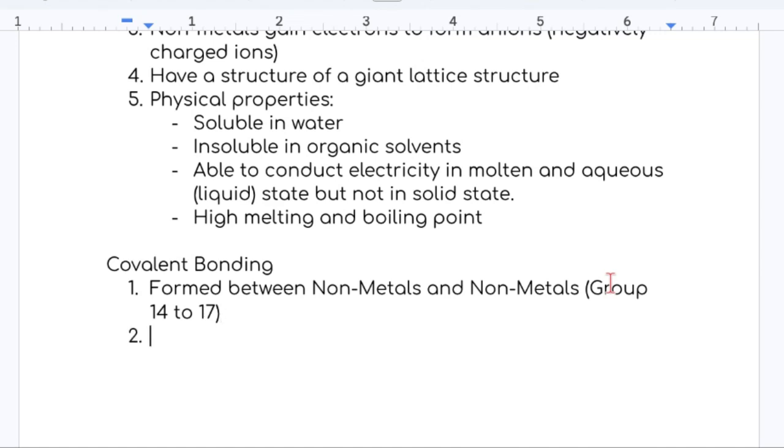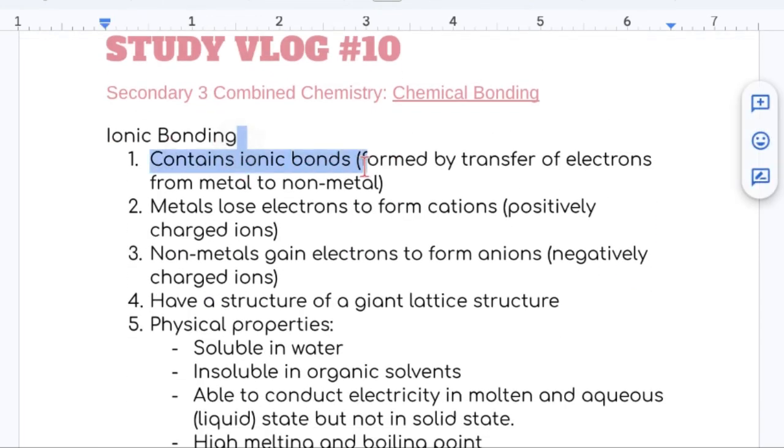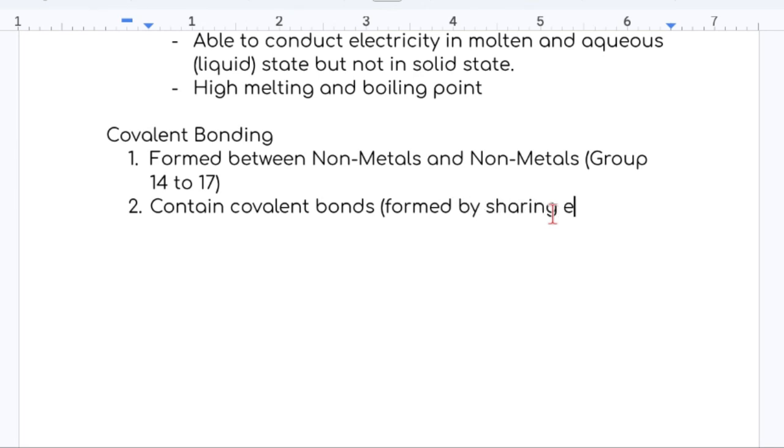Secondly, covalent bonding contains covalent bonds, just like over here in the ionic bonding, they contain ionic bonds. Here they contain covalent bonds, which are formed by sharing electrons between non-metals.